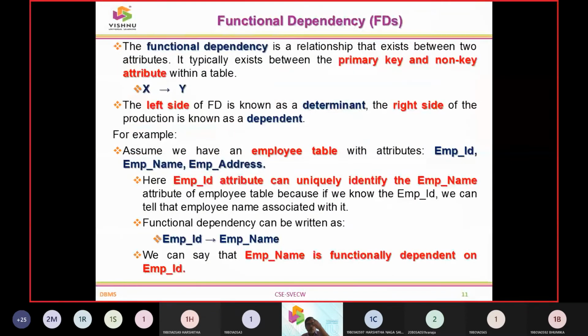Then comes the word functional dependencies. Up to now, we have talked only about anomalies: insertion, updation, deletion.